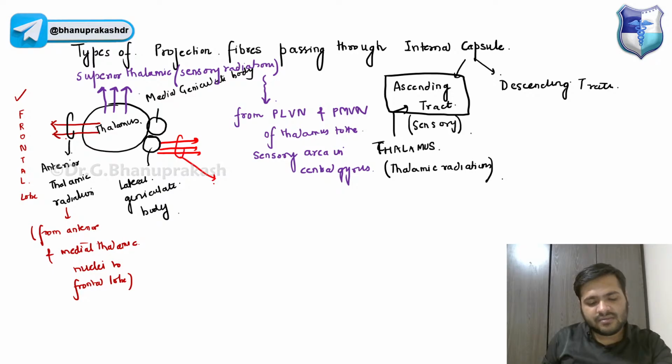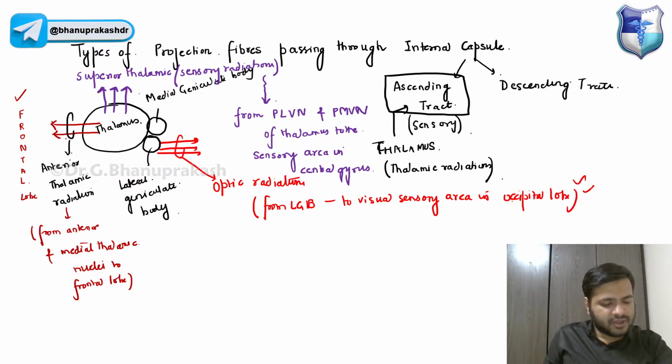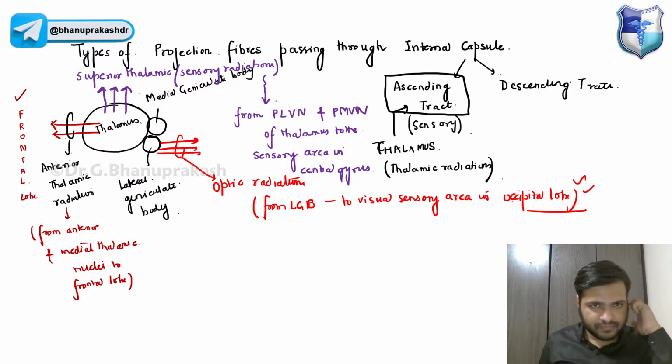So these radiations are called the optic radiations. They are from the lateral geniculate body, and they are going to the visual sensory area in the occipital lobe.